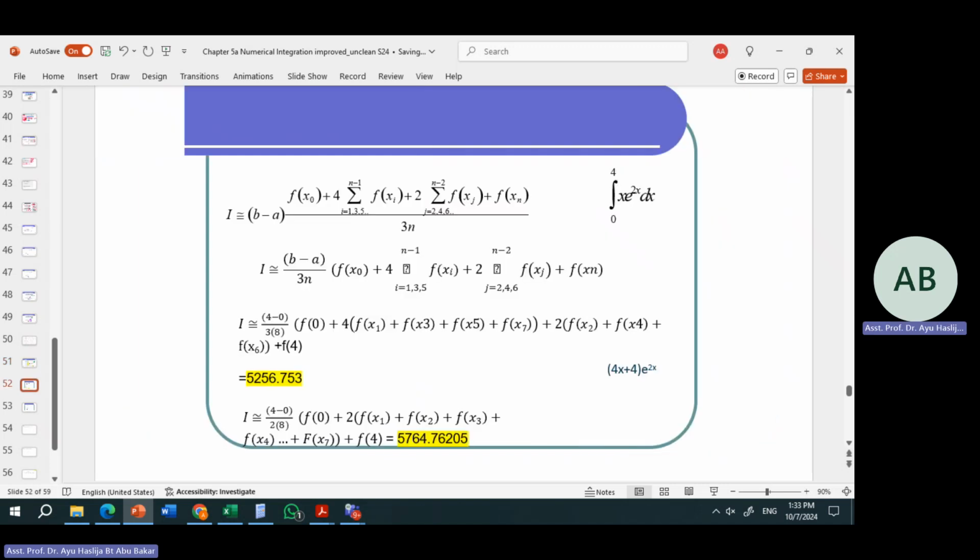Another method it used is multiple Simpson, multiple 1/3. And it gets this value.